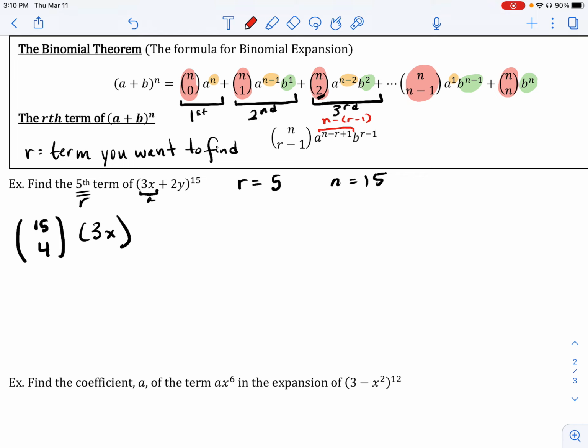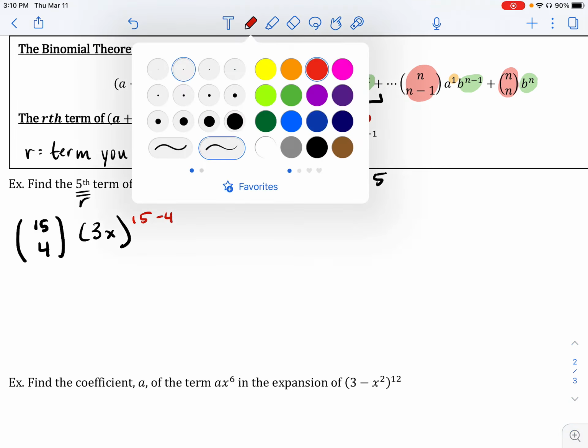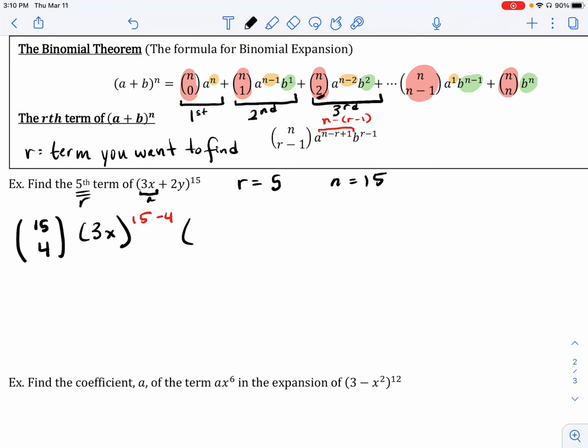If I say n minus the value of r minus 1, that's the power we're raising our 3x to. So we're going to say 3x is being raised to 15 minus 4. That's our exponent. Now going on, our b value is 2y, and we're raising that to the fourth power. It's just the difference, whatever your r minus 1 was.